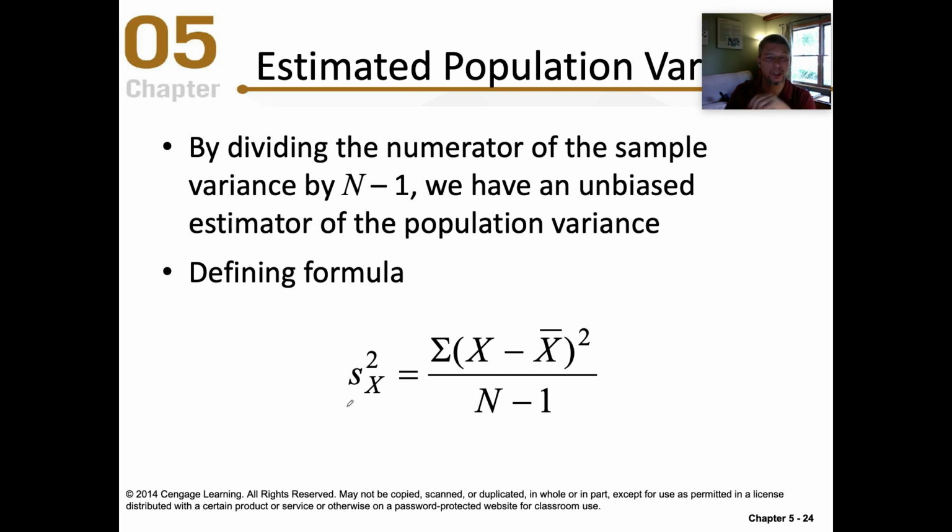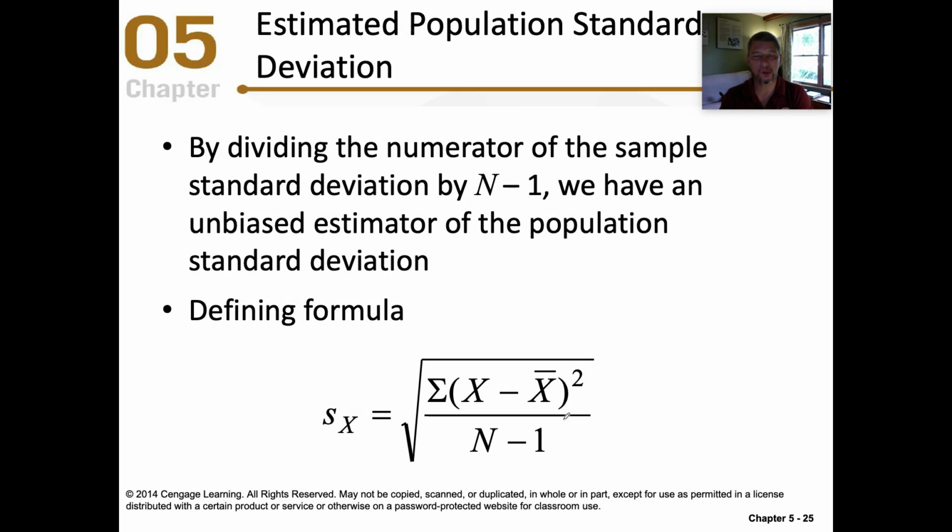When we calculated the sample variance, we divided by n, but now we're going to divide by n minus 1. All right. What this does is it removes the bias from our estimate.